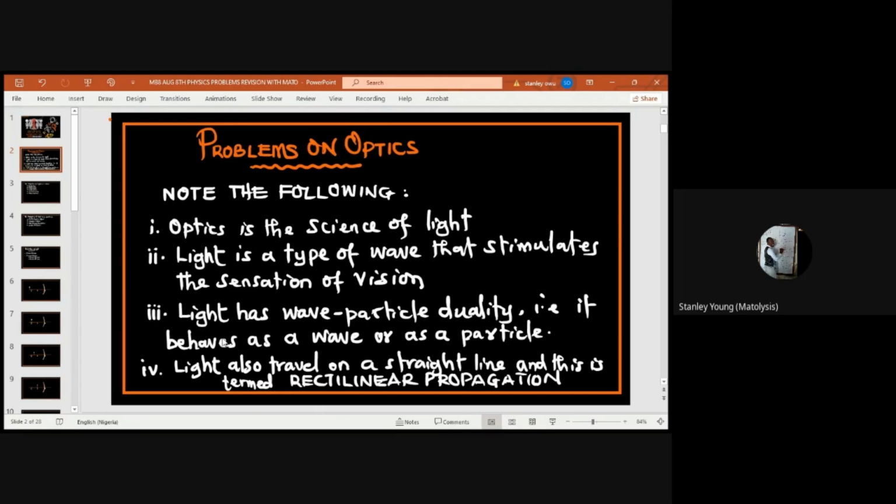Another point you need to note is that light has a wave-particle duality. It behaves as both a wave and a particle. Light also has a property called the rectilinear propagation of light, which is the ability of light to travel on a straight line in one direction.